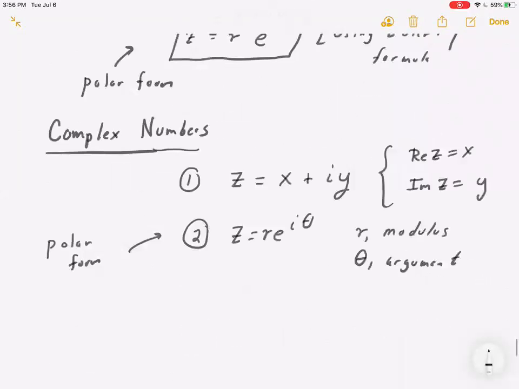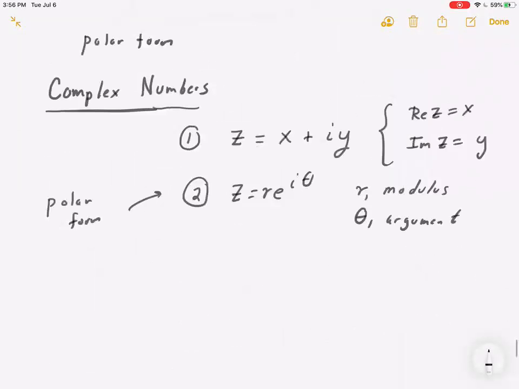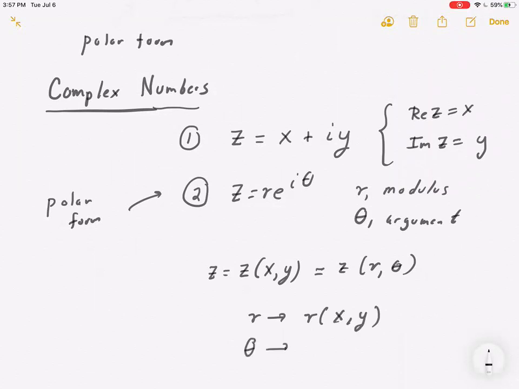Now, if you think about it, these two are not all that different. You can express a complex number in at least two different ways. So see if you can think about how to write down the modulus in terms of x and y, and how to write the argument of a complex number in terms of x and y.